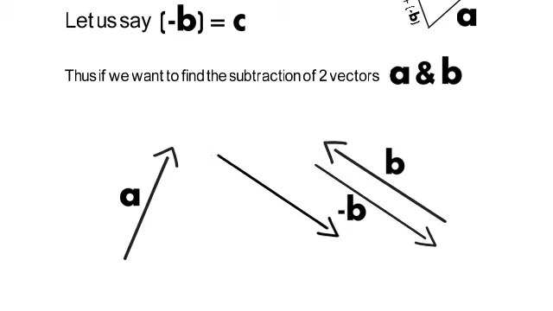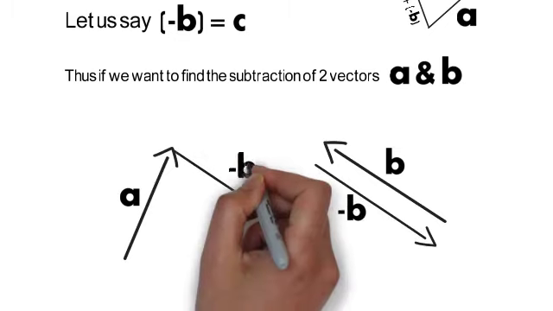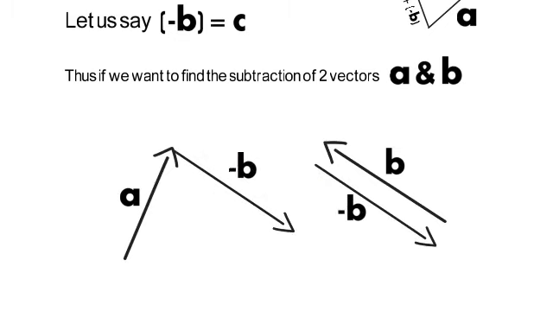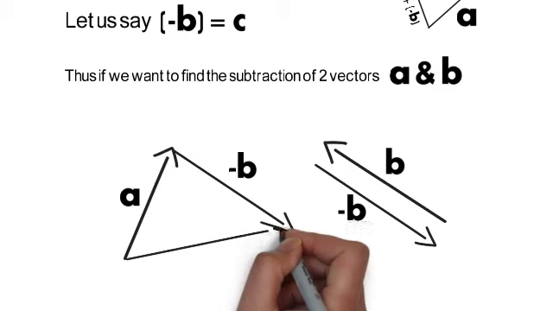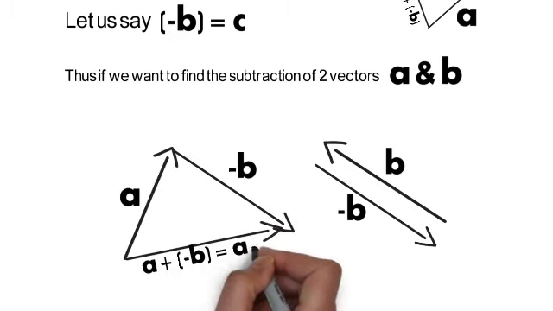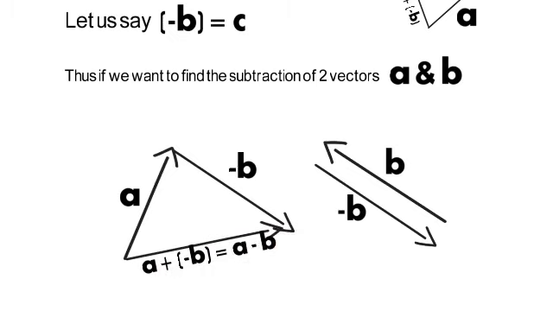By placing the tail of minus B vector over the head of A vector, as we do in vector addition, the third side of the triangle will therefore be equal to A vector plus minus B vector, which is nothing but A vector minus B vector. And therefore, A vector minus B vector is nothing but the sum of two vectors, A vector and minus B vector. The subtraction of two vectors is nothing but an alternative form of addition of two vectors.